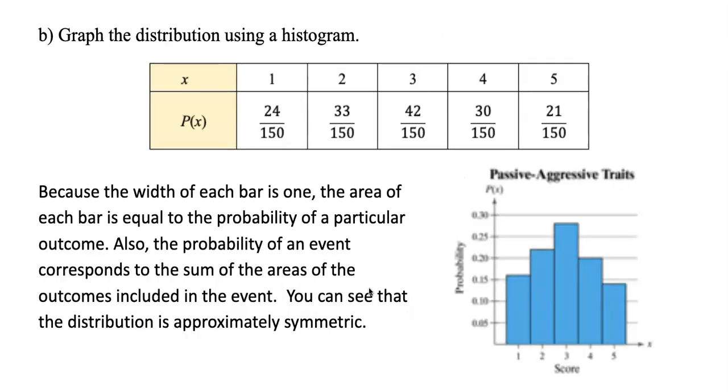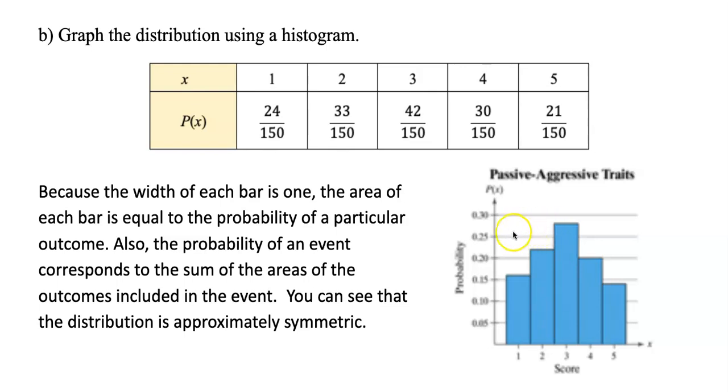And if I graph that table, look. Scores 1, 2, 3, 4, 5, and we made the width to be the same. 24 divided by 150 is approximately 0.16. So notice this bar goes slightly above 0.15, and the tallest bar right here is for those people who scored 3. 42 divided by 150 is exactly 0.28.